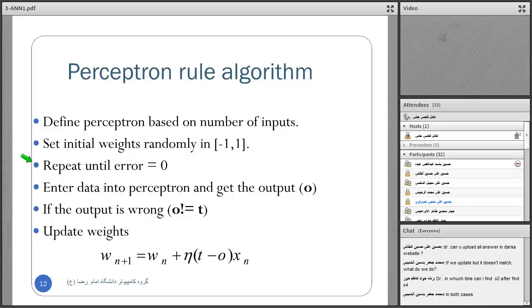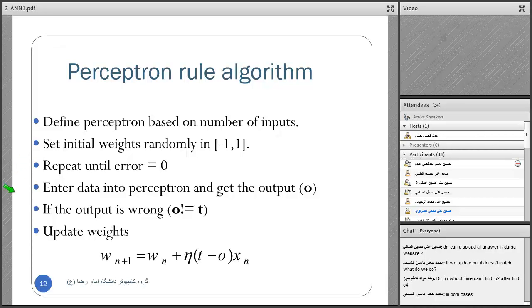And in this loop, we say repeat until the error is 0. Error 0 means for all of the data, the prediction and the target are equal. This is when we have a 0 error. The prediction and the output are equal.